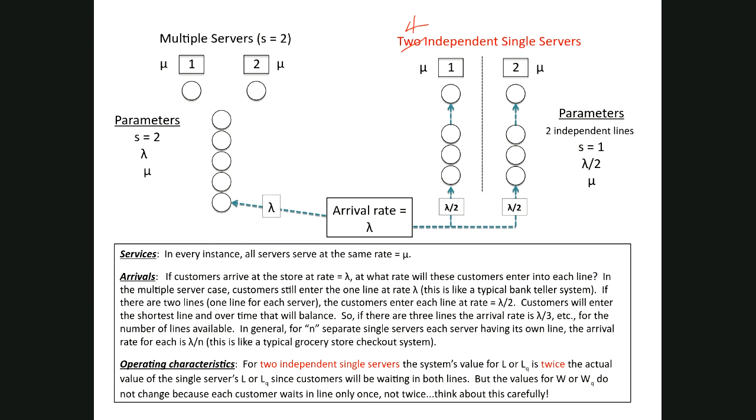Well, in every case, if we had 4 lines open, there would be 4 independent single servers, each with an arrival rate of lambda divided by 4, or 3, or 5, or 6, or however many of these lines were open. But that's a very important distinction that I want you to make.